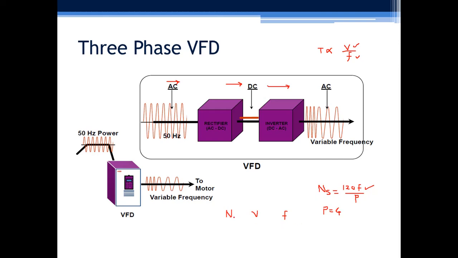So when we want rotor speed close to 1500 rpm, we have to keep the frequency close to 50 Hz. The voltage should be rated voltage, that means 400, and here we will get speed close to 1500 rpm. Speed will be less than that. For example, rotor speed will be 3% less than synchronous speed, so it would be 1460 rpm.